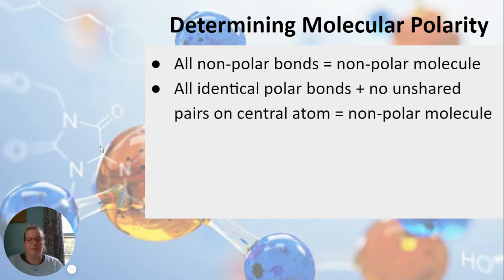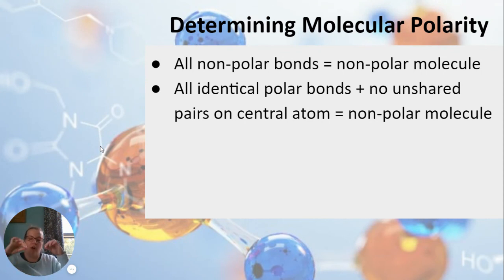Okay? Then, all identical polar bonds around your central atom and no unshared pairs means that you have a nonpolar molecule. And this is where symmetry is going to play an important part. When I talk about a molecule being symmetric, I talk about it not having any unshared pairs around its central atom. So these are going to be shapes like linear, trigonal planar, tetrahedral, trigonal bipyramidal, and octahedral.